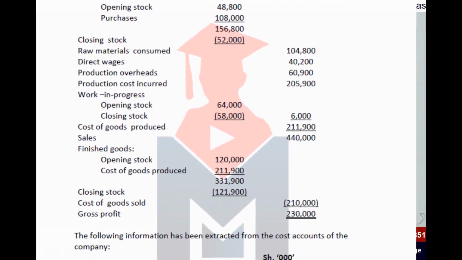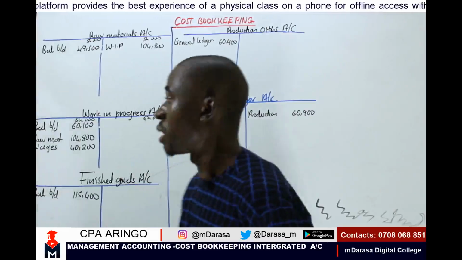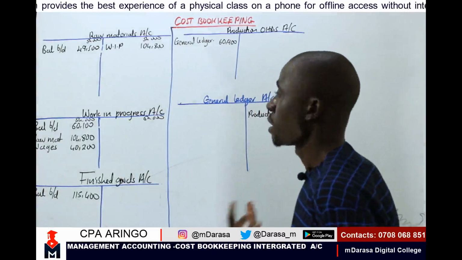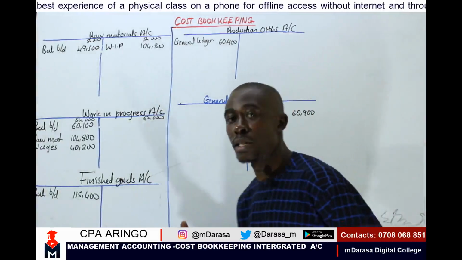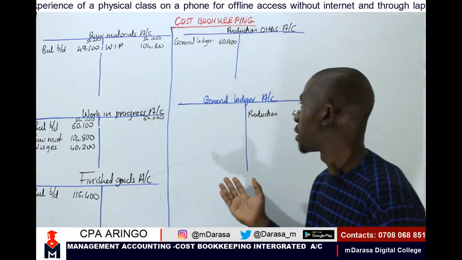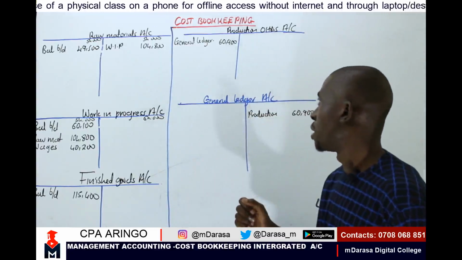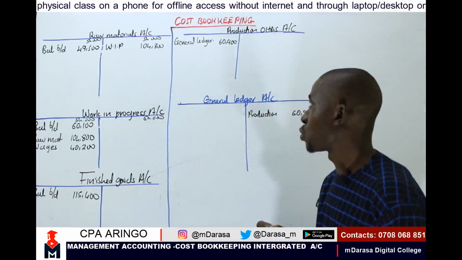So all these elements, I'll not consider them except for sales. So for sales, ideally, maybe if we reach there, but you can also clear it at this point. Sales, we are going to credit our sales account and debit our general ledger account. But whenever we reach there, it's when you're going to handle it.